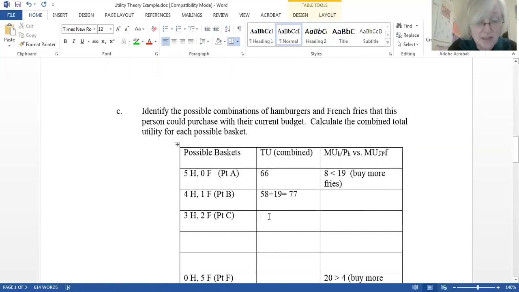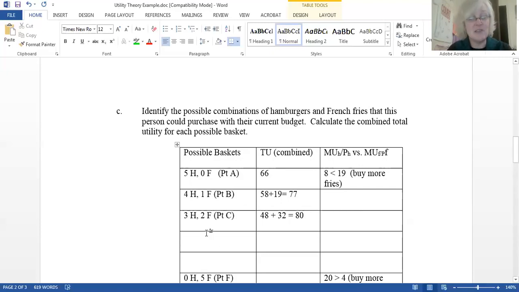So 48 plus 32, and I believe that's 80. Check my math. Don't need a calculator on that one. I think that's 80. So again, as we go down that budget constraint, we're getting happier. So obviously, this consumer prefers having 3 hamburgers and 2 French fries to the option of having 4 hamburgers and 1 French fry, and obviously prefers it to 5 hamburgers altogether because 80 is much bigger than both 77 or 66.